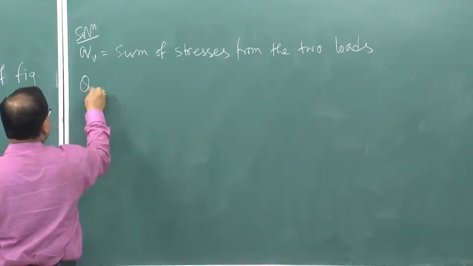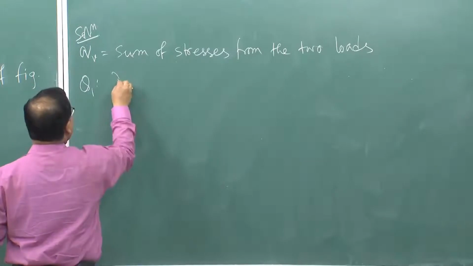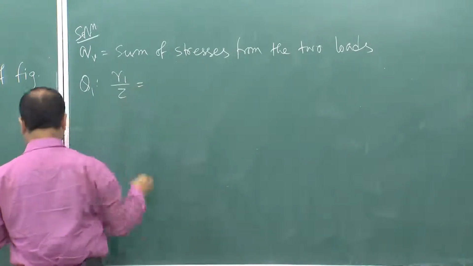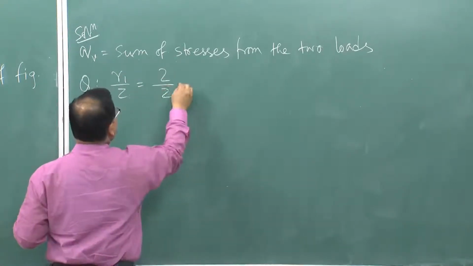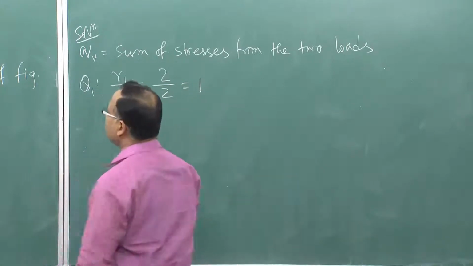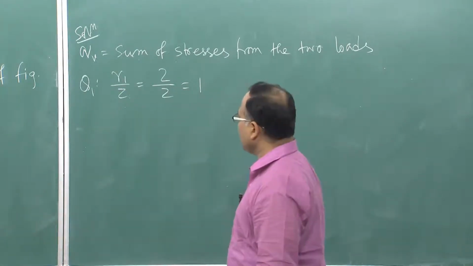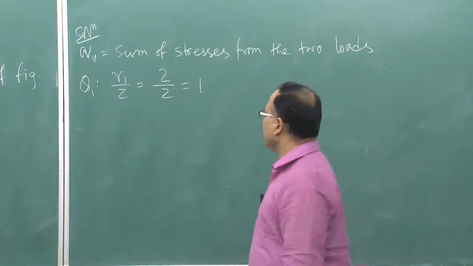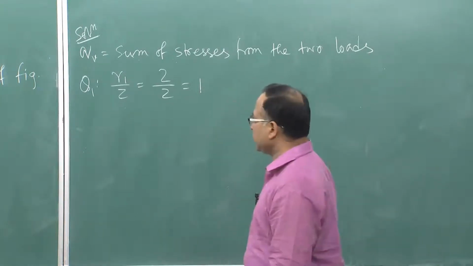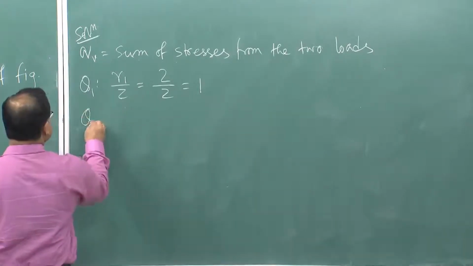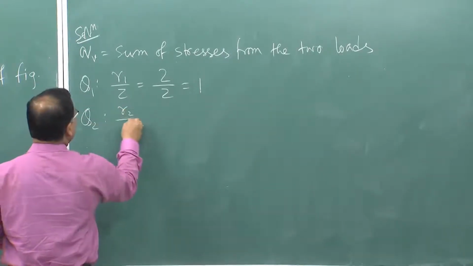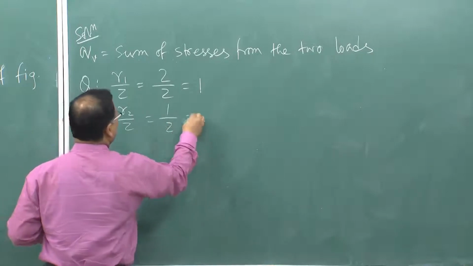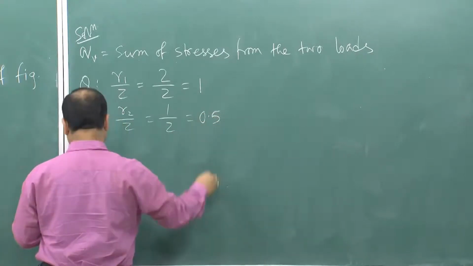Now, for Q1, R1 by Z is equal to 2 by 2 is equal to 1. Just look at the figure, R1 by Z, that ratio of radius to depth, is equal to 2 by 2 is equal to 1, and for Q2, R2 by Z is equal to 1 by 2, that is 0.5.